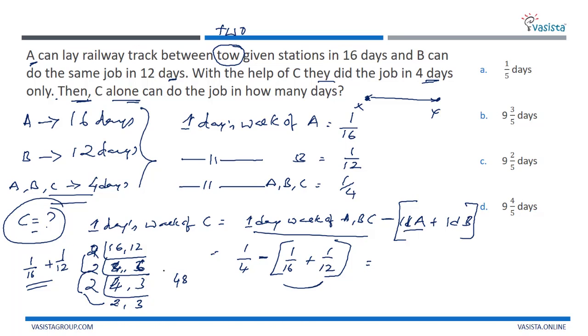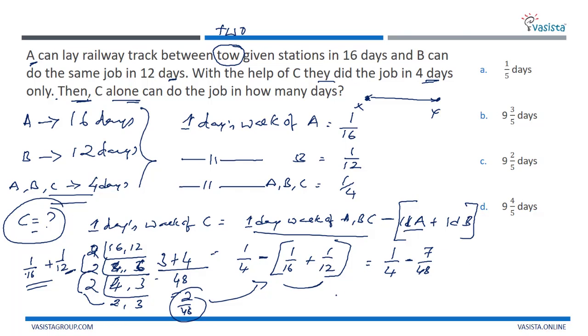48 divided by 16 is 3, 3 1s are 3, plus 48 divided by 12 is 4, 4 1s are 4. So what did we get now? This is 4 plus 3, 7 by 48. Correct? 7 by 48 we got. Now I'll substitute here. So 1 by 4 minus 7 by 48. What is the LCM for 4 and 48?